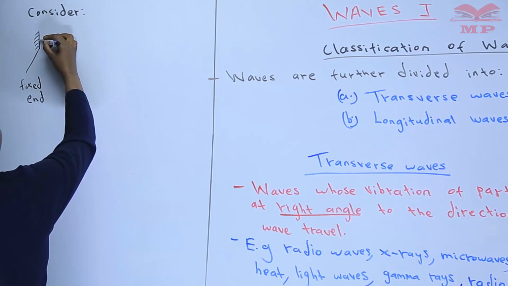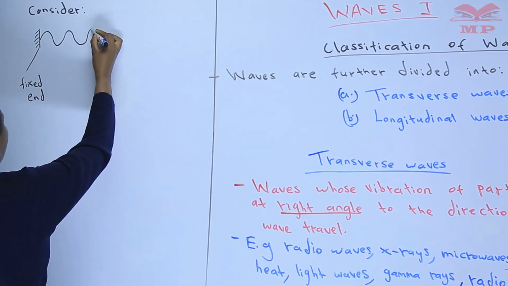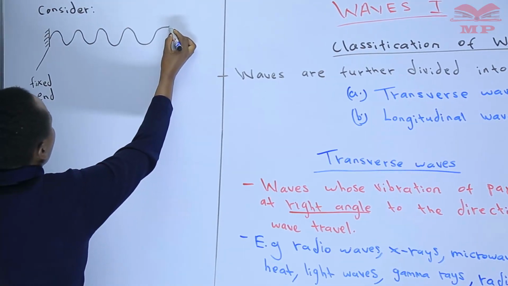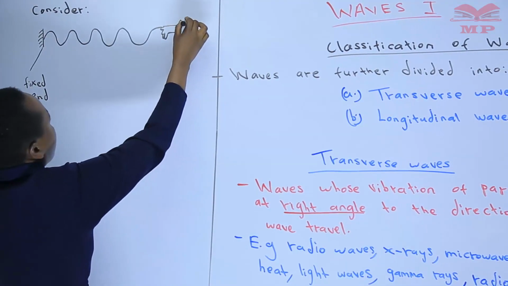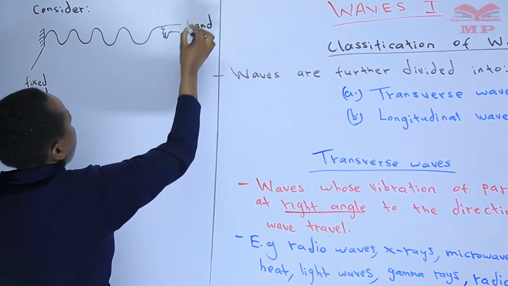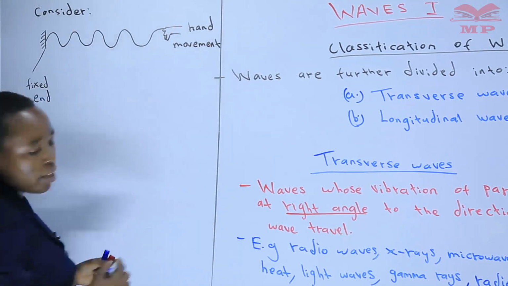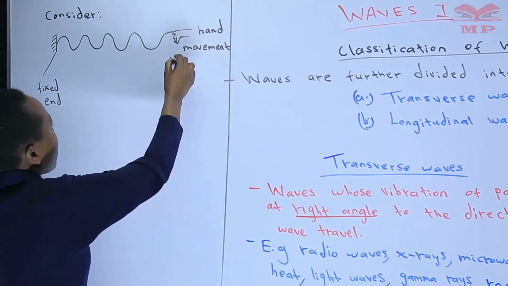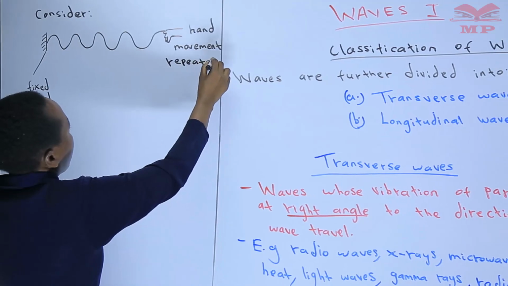So here is the hand which is holding the rope. This is the hand movement, and we can see that the hand movement is repeated regularly.